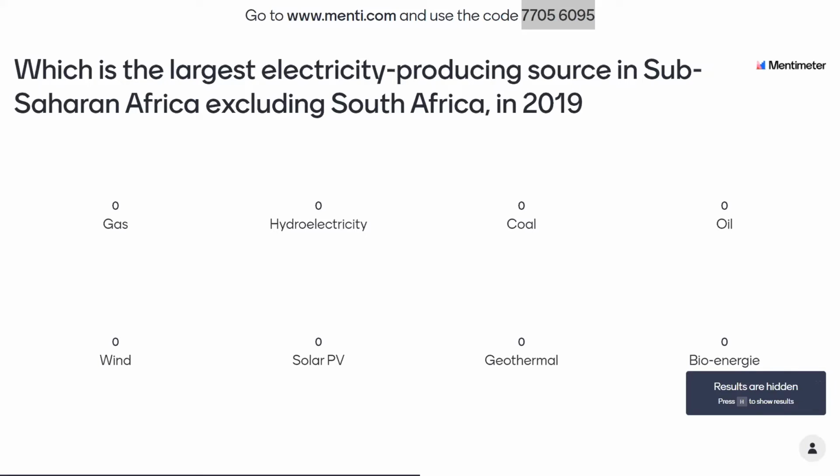The first question is: which is the largest electricity producing source in Sub-Saharan Africa, excluding South Africa, in 2019?